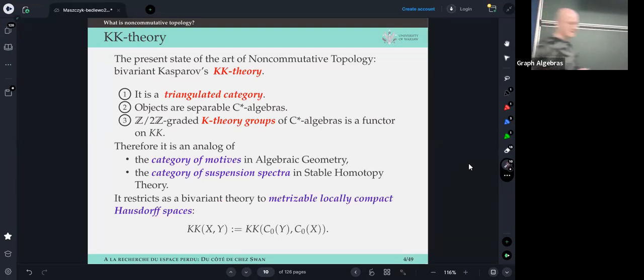Moreover, this KK theory restricts to metrizable locally compact Hausdorff spaces, although it is defined in terms of C*-algebras. By restricting this bivariant theory to algebras of continuous functions vanishing at infinity on metrizable locally compact Hausdorff spaces, we can think about KK as a kind of bivariant theory of spaces in the classical case.